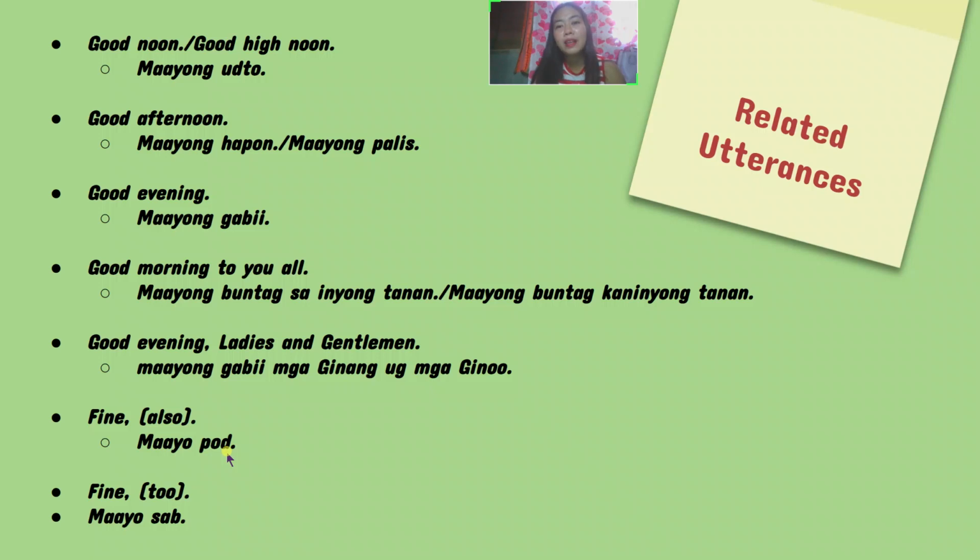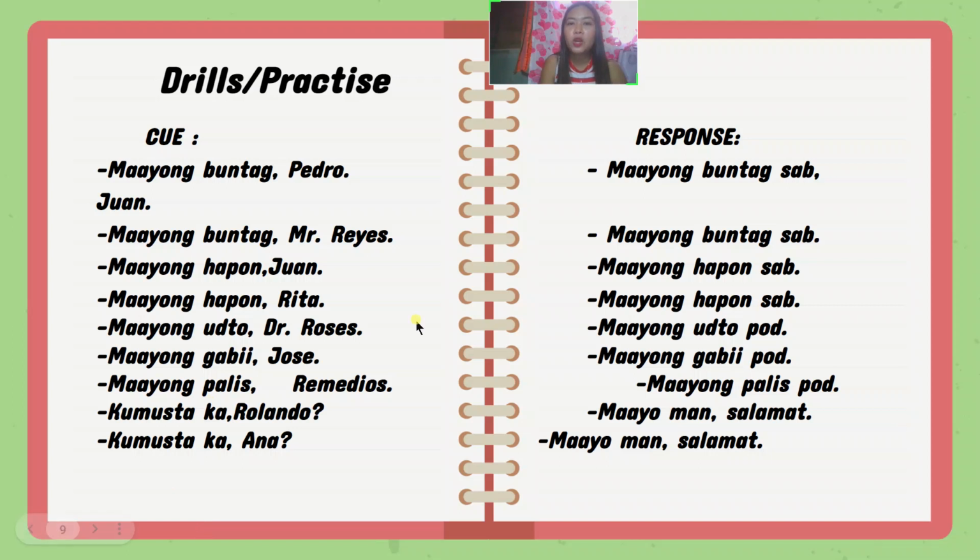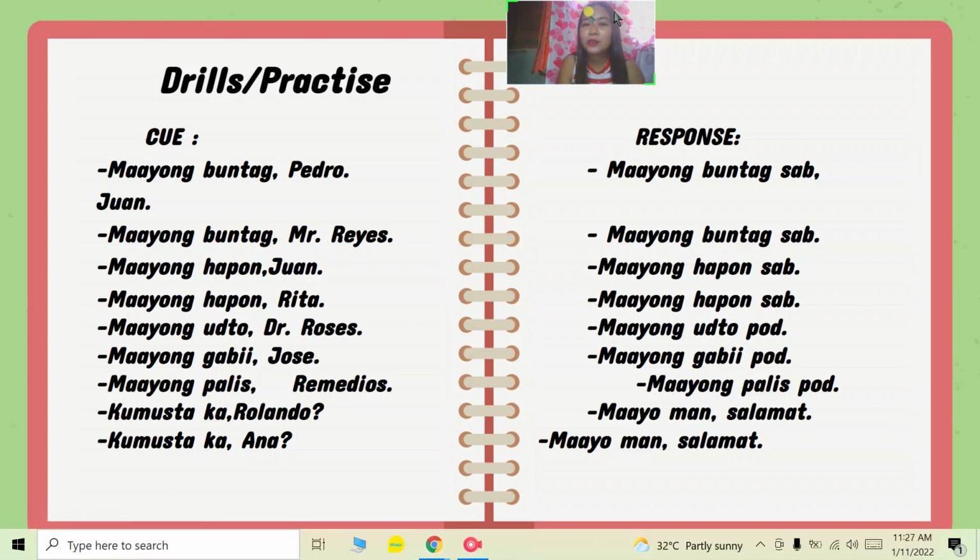If someone asks me, kamusta ka? Maayo man. And then I will ask her, ikaw, kamusta man ka? And she will answer, maayo pud, or fine too, maayo sab. They are the same. Sab and pud are the same. Okay, let us proceed.